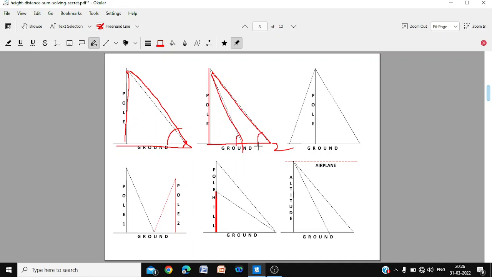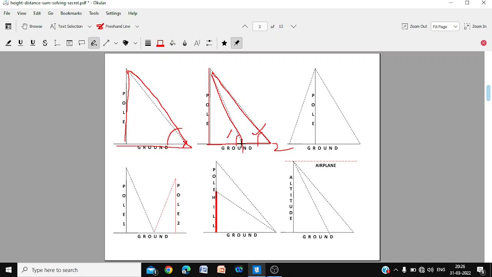But note that when you are observing from far away, the angle would be less. And when you go nearer the building, the angle would be greater. So this angle will always be less, and this angle would be always greater. So if this is x, this y would be always greater.